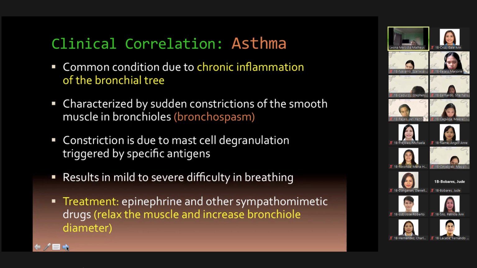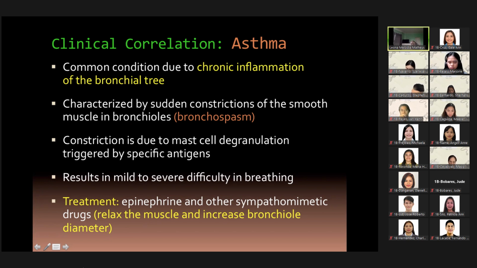The first one we'll talk about is asthma. This is actually a chronic inflammation of your bronchial tree, usually characterized by sudden constriction of the smooth muscle in bronchioles, where we can have what we call bronchospasm.